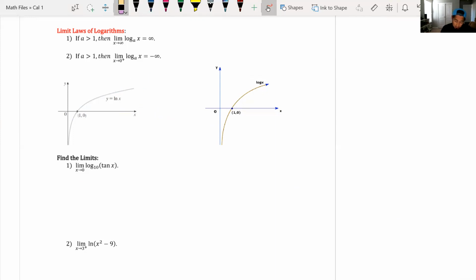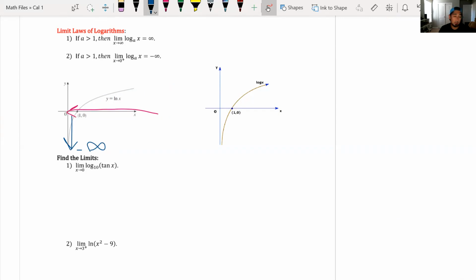Okay, and then the next one says, if your log base is bigger than 1, then the limit as x approaches 0 from the right of log base a of x will head towards negative infinity. So now we see as we approach 0 from the right, our y values are headed towards negative infinity.